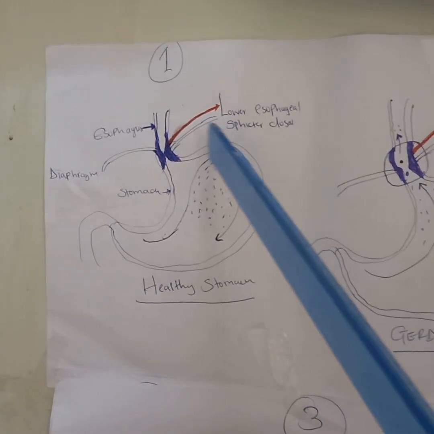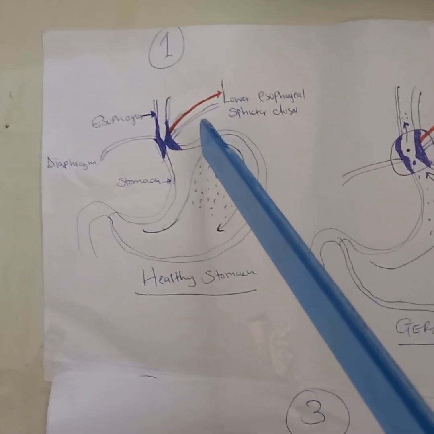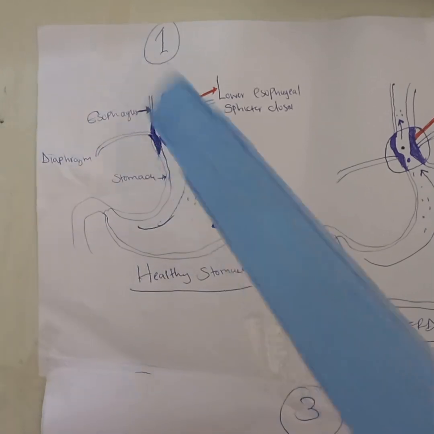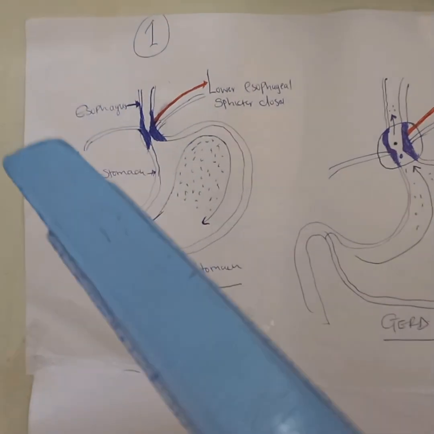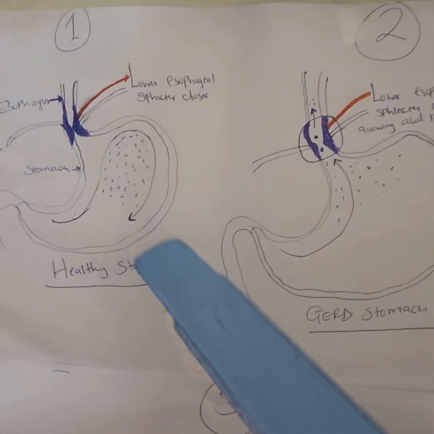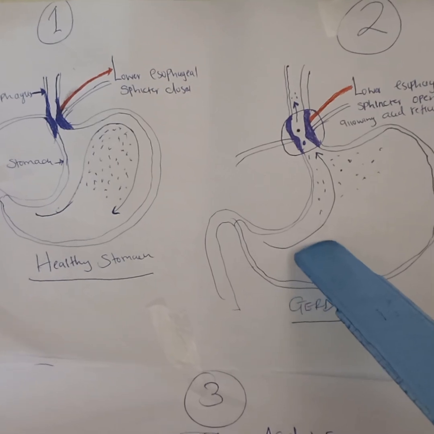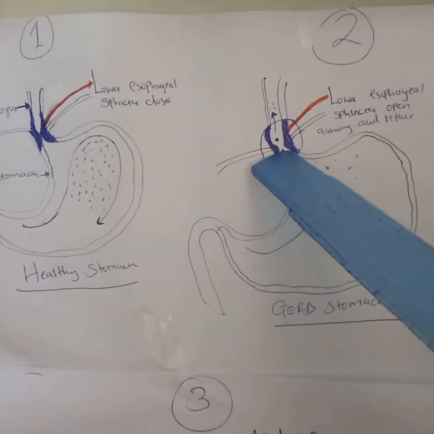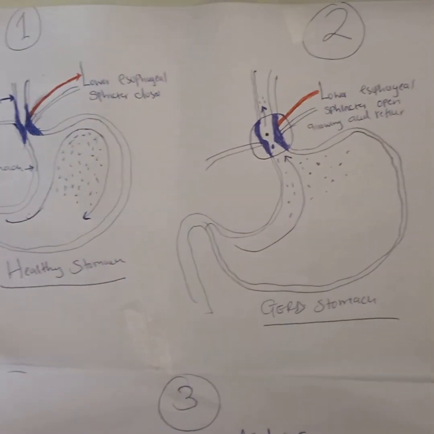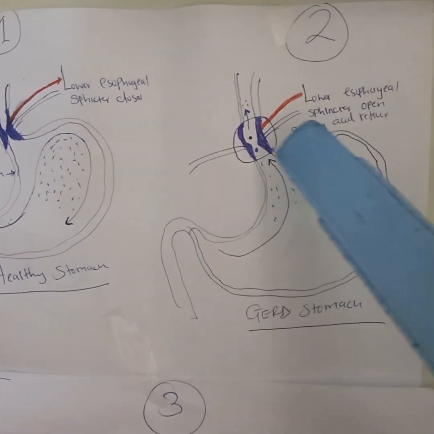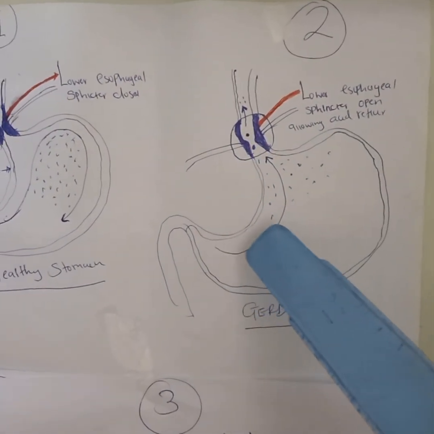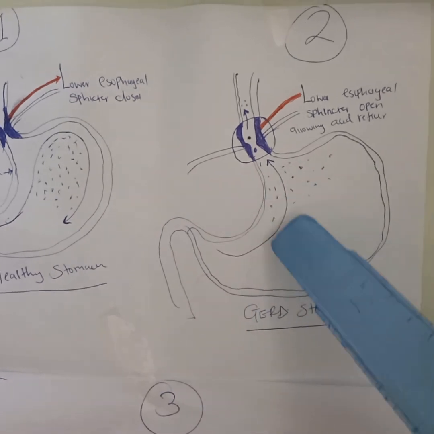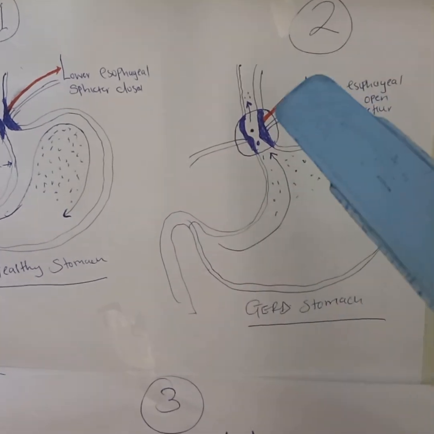But when this sphincter muscle relaxes, opens, or weakens, it makes the stomach content start escaping through the esophagus to the throat. Now you can see the lower sphincter muscle is open, allowing the acid reflux.